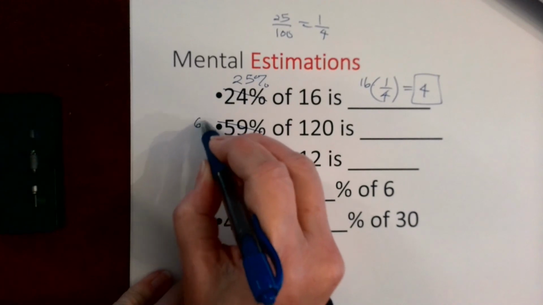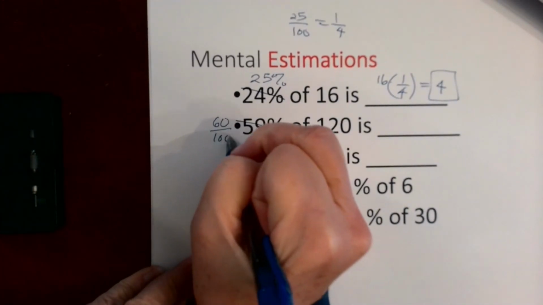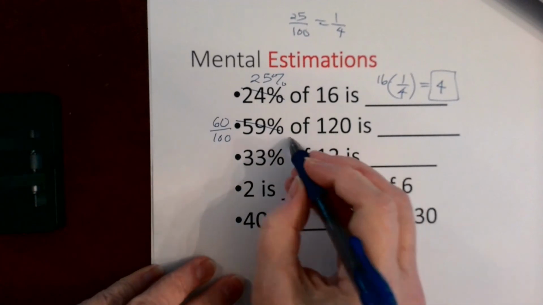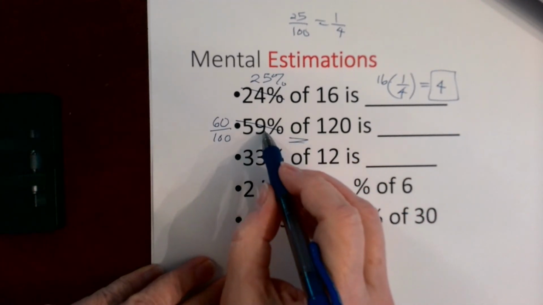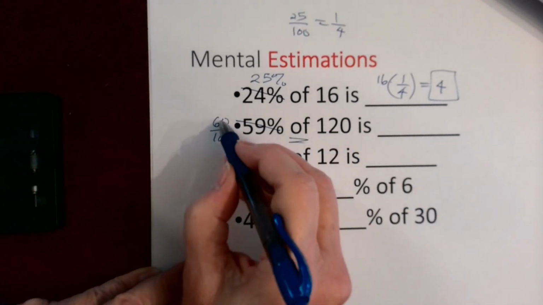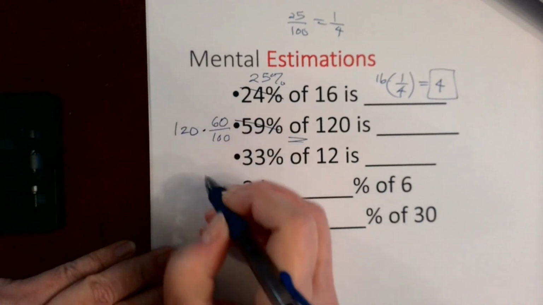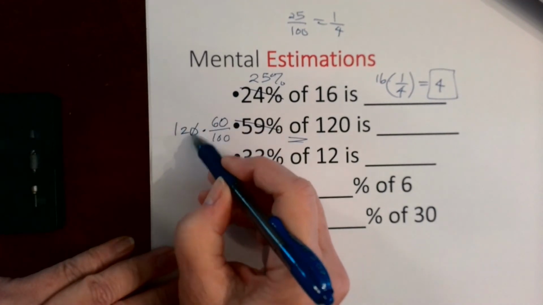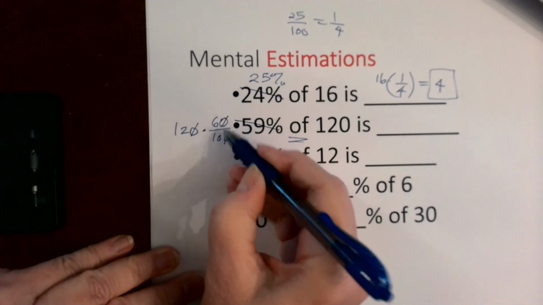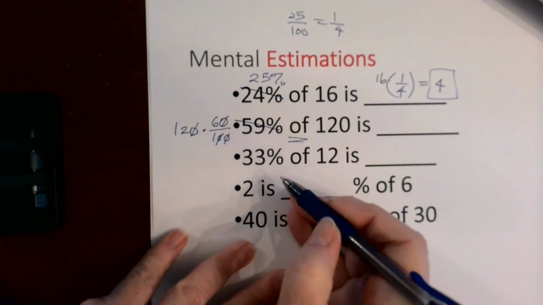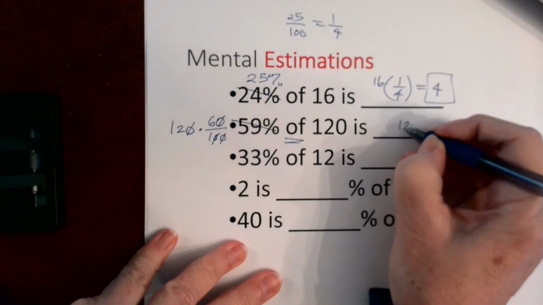59%, well, that's about 60%. 60 per 100. Of will always mean multiplication. So I want 60% of 120. 60 per 100 times 120. Well, the 0 up here can cross out with a 0 on the bottom, a 0 up here can cross out with a 0 on the bottom, and I just have 12 times 6 over 1.